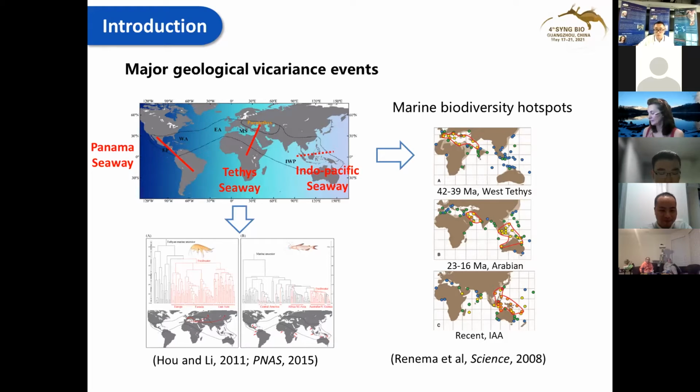For example, previous reports have shown that the marine biodiversity hotspot has moved from the west to the east during the last 40 million years. Also, a lot of species have been shown to have expanded following the closure of the Tethys Sea.